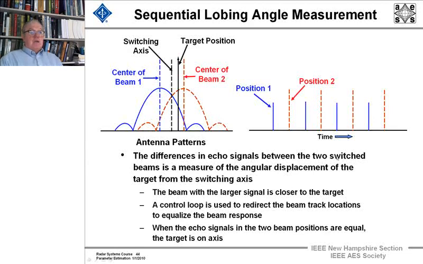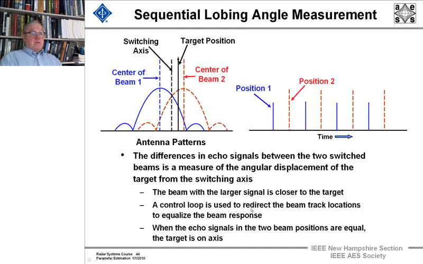The difference in echoes between the two switched beams is a measure of the displacement of the target from the switching axis. The beam with the larger signal is closer to the target. You can see that the target position is here, and it's closer than beam 1's position from the target position.